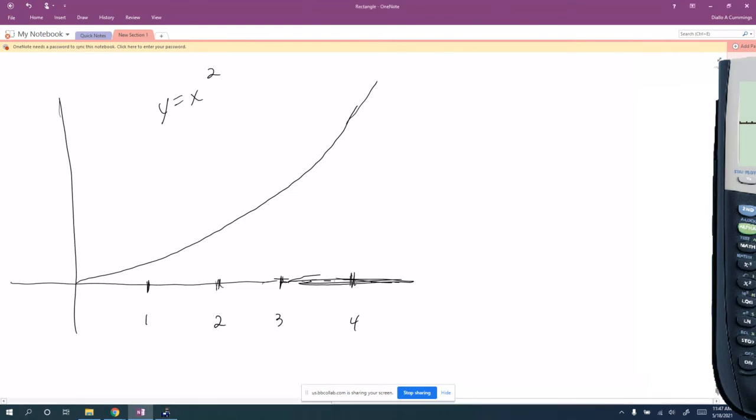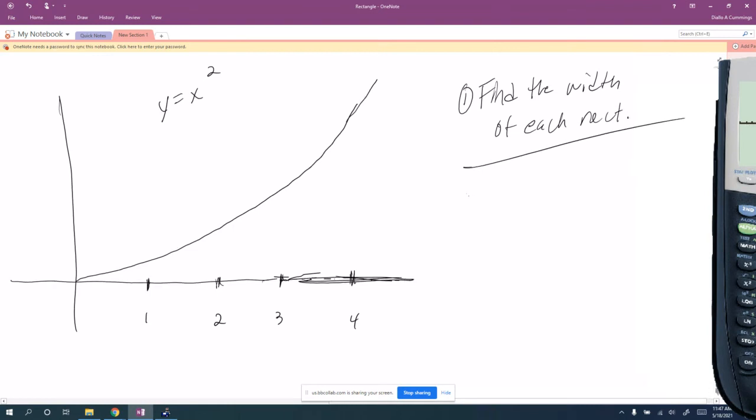So first we need to find the width of each rectangle. So the width is going to equal the upper limit minus the lower limit divided by the number of rectangles. So our upper limit is 4. Our lower limit is 2.